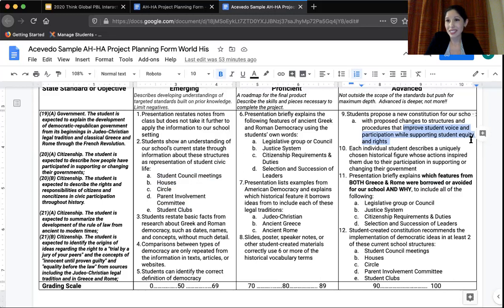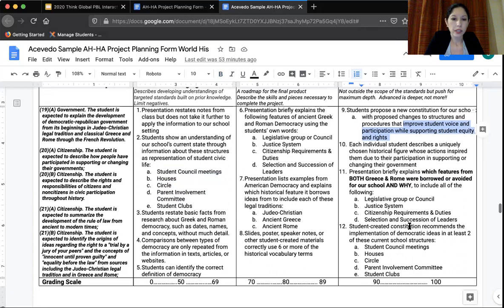So they're going to have to decide that, and we're going to look at some examples where you really didn't improve the student voice, or you really didn't improve the voice of the community or the voice of the citizenry, and then some cases that really did, and dig deeper into there.